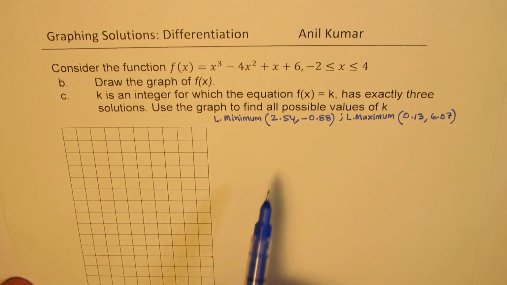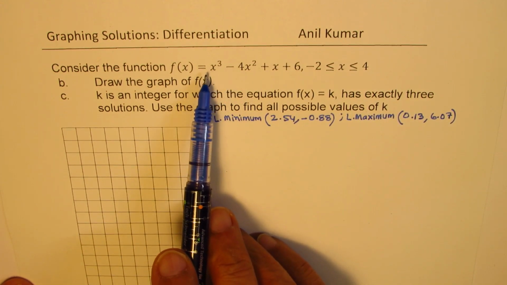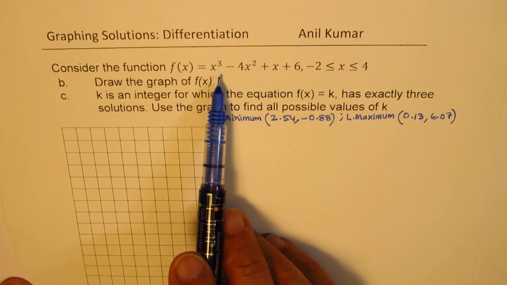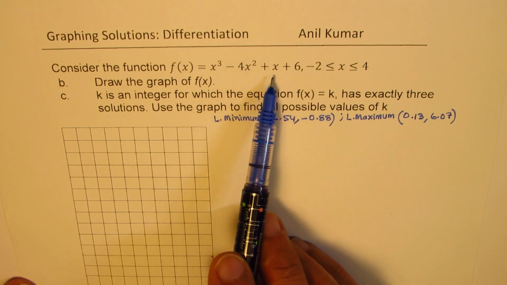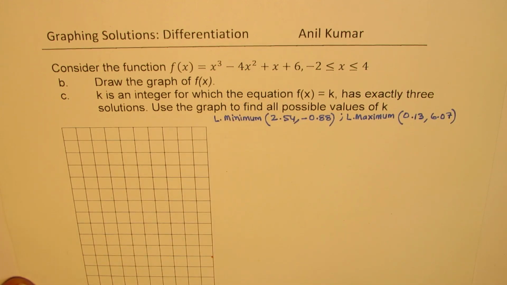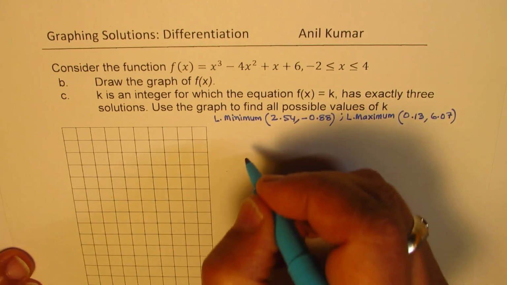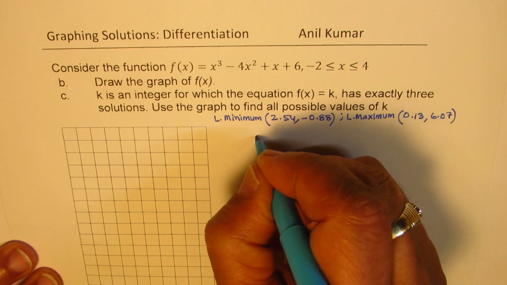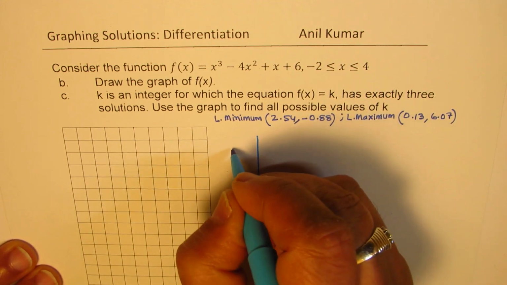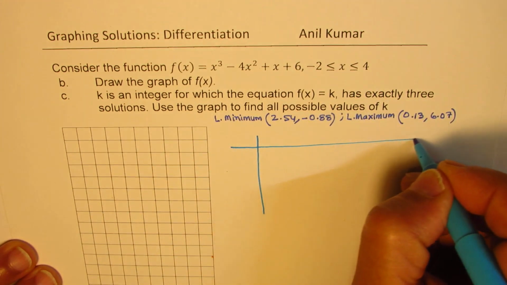Now, we'll find the other points to sketch the graph of the function x cubed minus 4x squared plus x plus 6 within the interval minus 2 to 4. So let's get our points. We'll do the calculation with a few points.